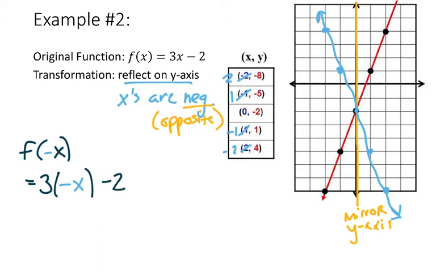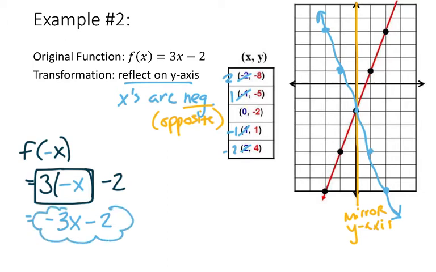And then we're going to simplify if we can, because 3 times negative x is not really how we write that. We would instead write it as a negative outside, 3, and then an x. But then notice that the minus 2 didn't change, because of course the intercept was the same. So, here is our new equation that flipped across the y-axis, so by making the x's negative.